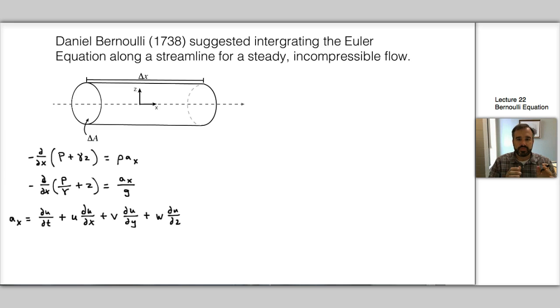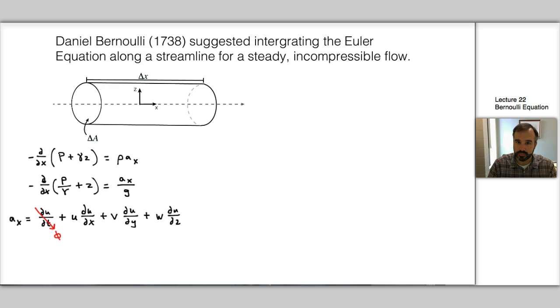And so now we're going to make our first assumption. We're going to assume the flow is steady, just like Bernoulli posited up at the top of the slide. So if we assume the flow is steady, then our unsteady term, our local acceleration, is 0, so we get rid of that term.